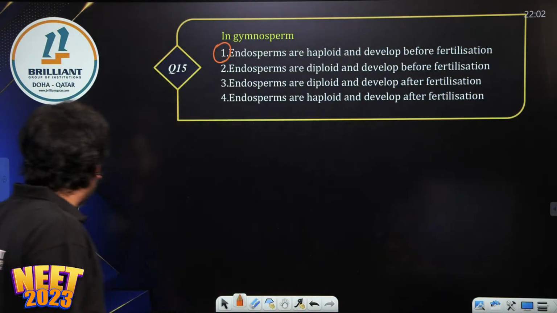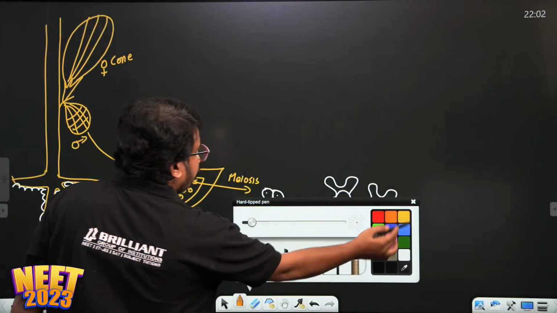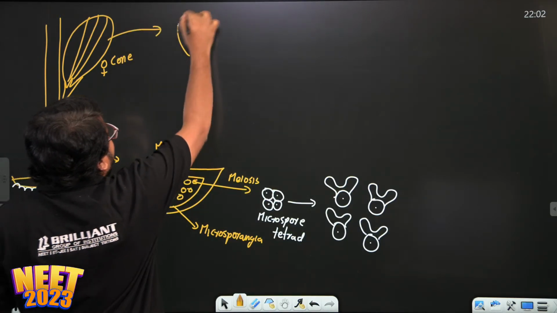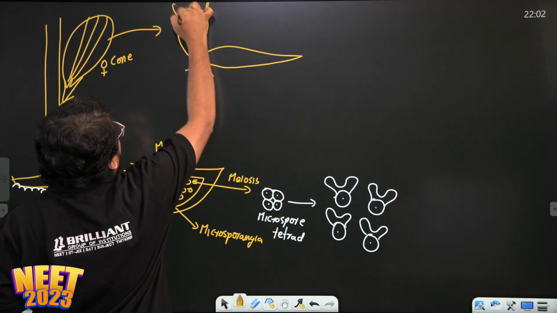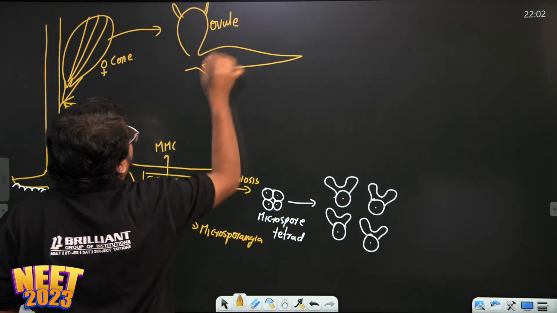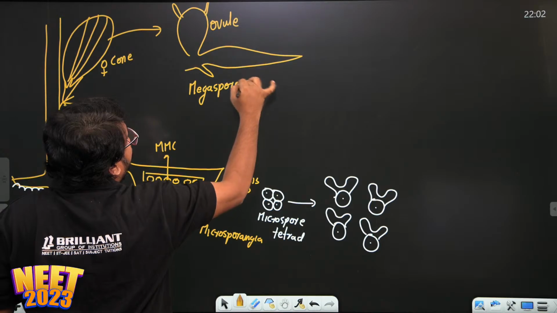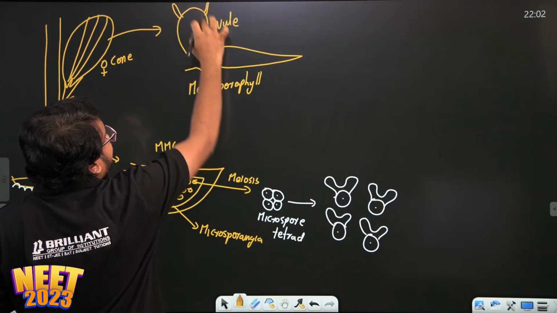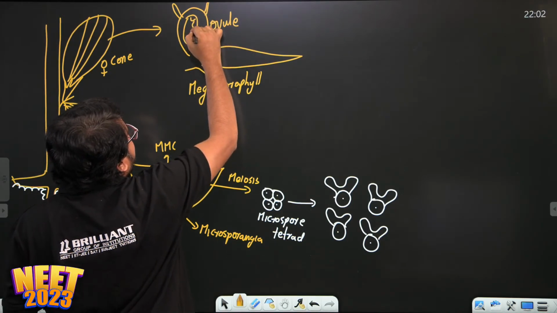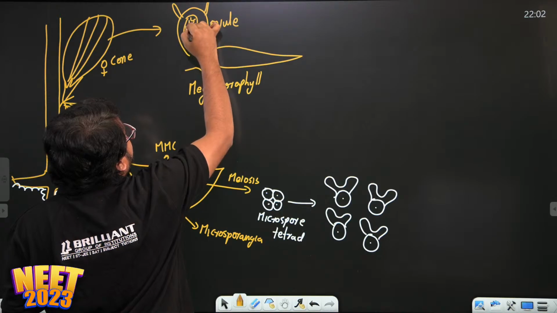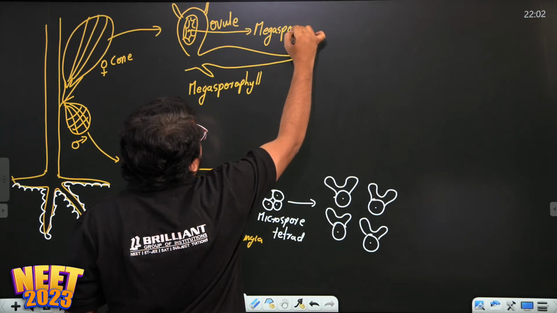So let me come back. Here you should understand the female cone will have a structure like this. This structure is called ovule, that is coming on the megasporophyll. One of the megasporophylls I have drawn, that is the leaf producing megasporangia or ovule. Inside the ovule there will be nucellus. In the nucellus there is one cell that turns into the megaspore mother cell.